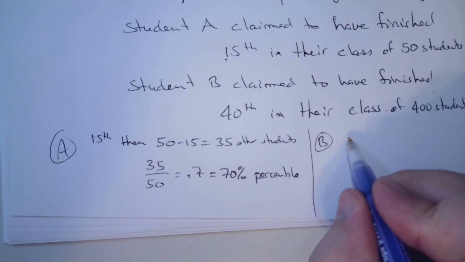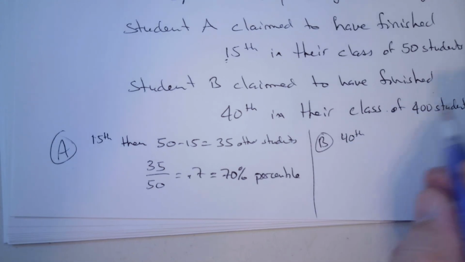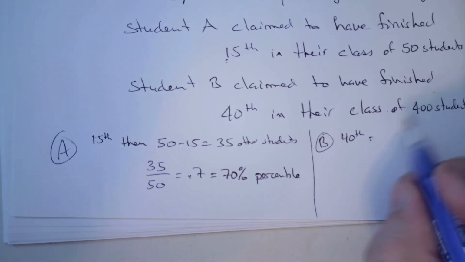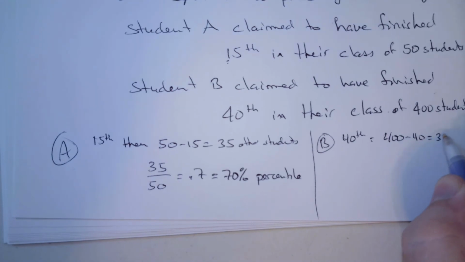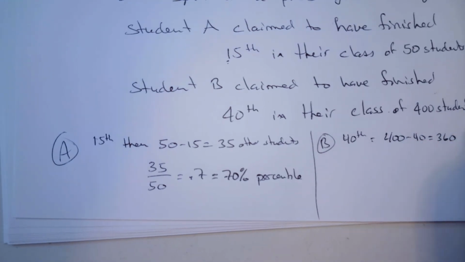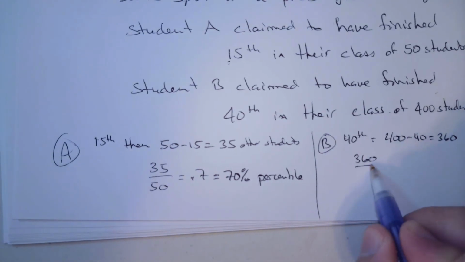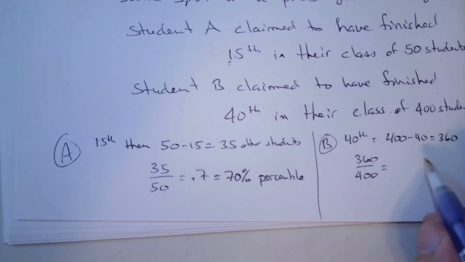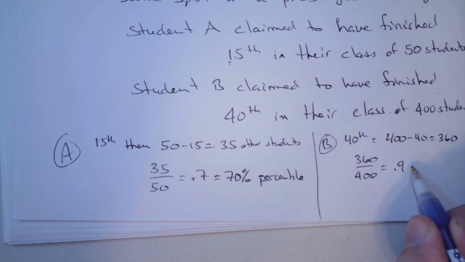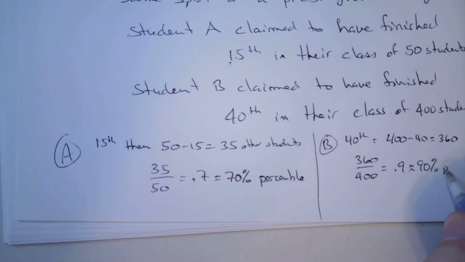Student B was 40th, then 400 minus 40, so student B graduated higher than 360 students. 360 divided by 400 equals 0.9, 90th percentile.